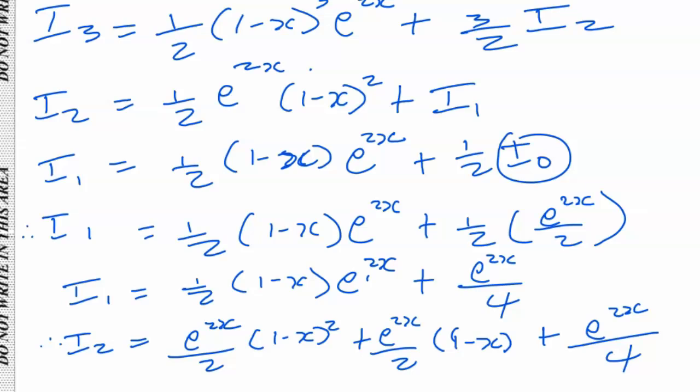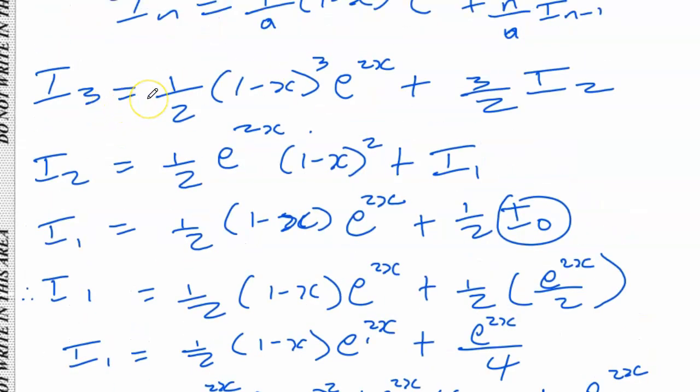And now what we really want is I3. So I3 is all of this plus 3 over 2 times I2.